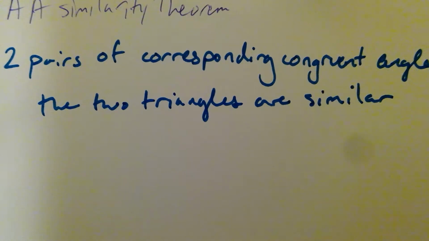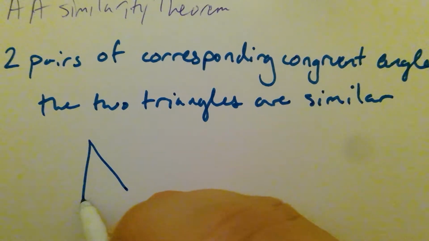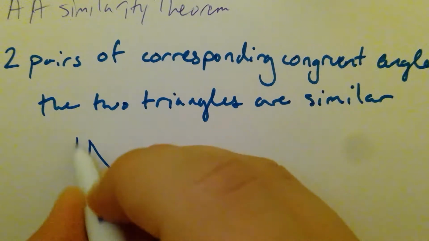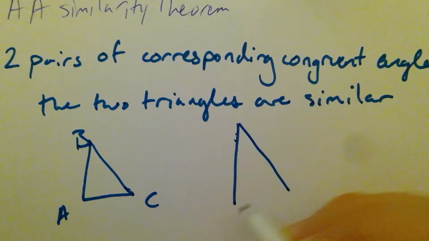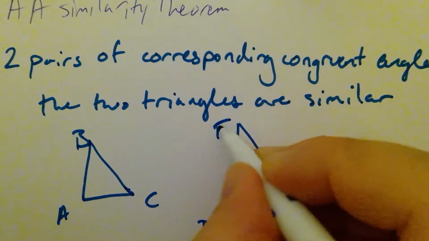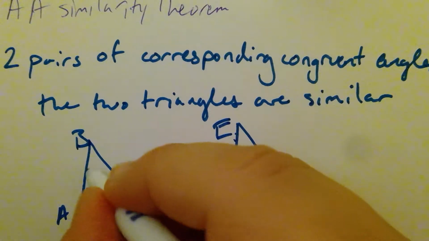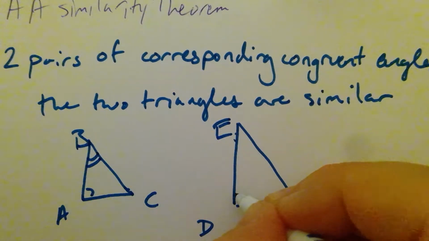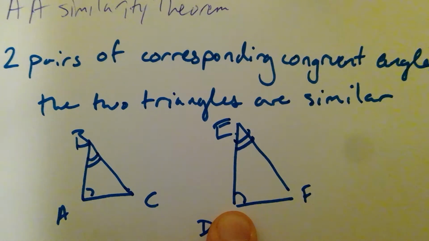Okay, so let's draw a picture. Let's draw a triangle here. We've got A, B, and C. We've got triangle D, E, and F. We've got one mark on A, one mark on D, two on B, two on E. So this tells us that angle A and angle D are congruent because they both have that single marking.